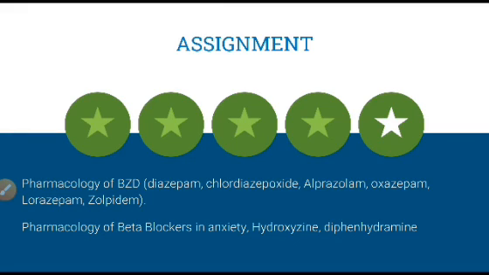So diazepam, chlordiazepoxide, alprazolam, oxazepam, lorazepam, zolpidem: these drugs individually you can prepare. Also, the pharmacology of beta blockers in anxiety, hydroxyzine and diphenhydramine. So you need to be prepared with these drugs also.